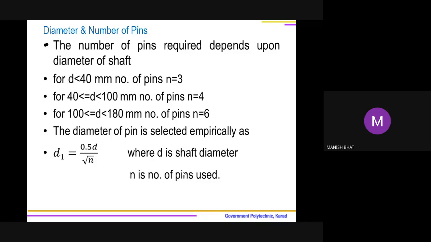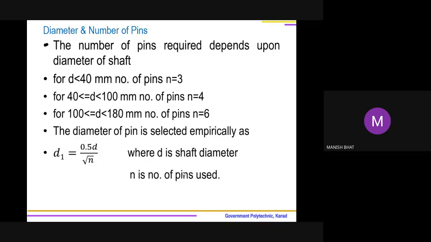So we will be finding out force coming on each of the pin, and there is an empirical relation by which we are in position to select diameter of the pin. Diameter of the pin is given by D1, and that can be found by this relation. D1 is equal to 0.5 small d upon under root n. You know that d is the shaft diameter and n number of pins used.